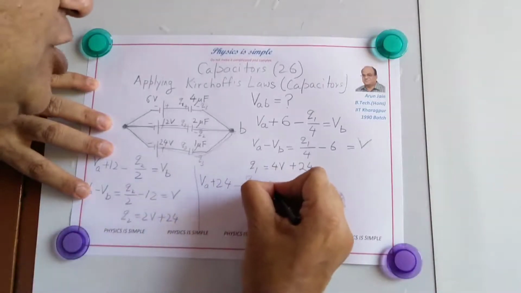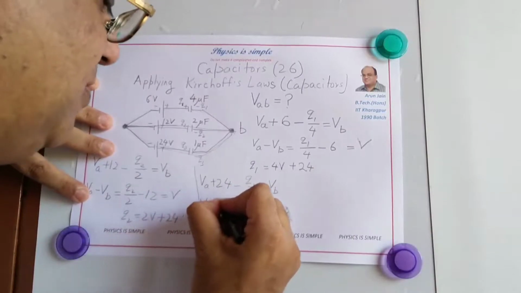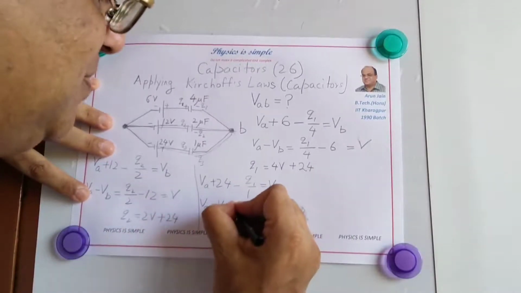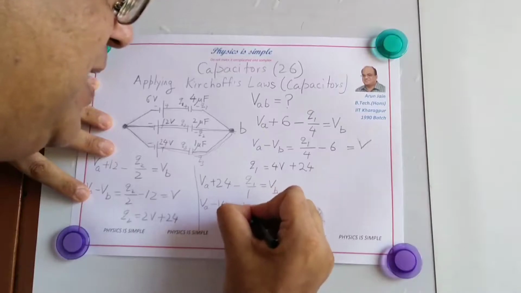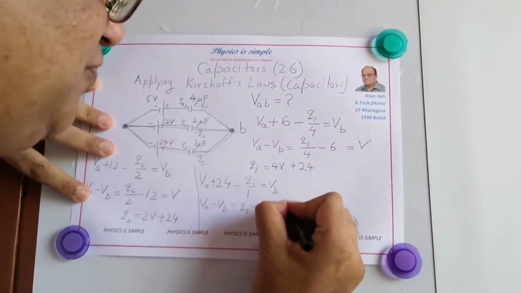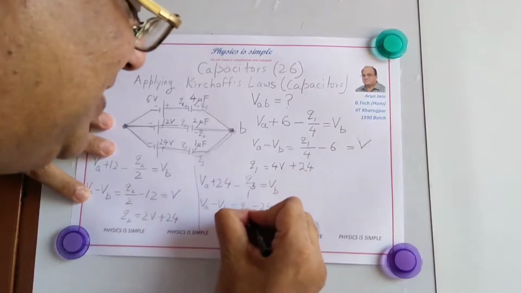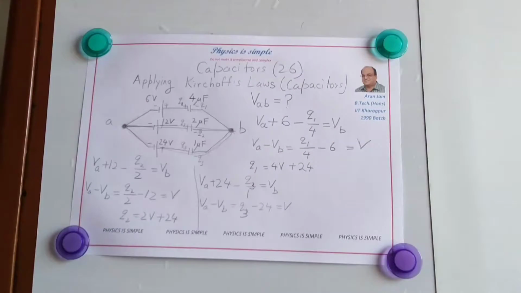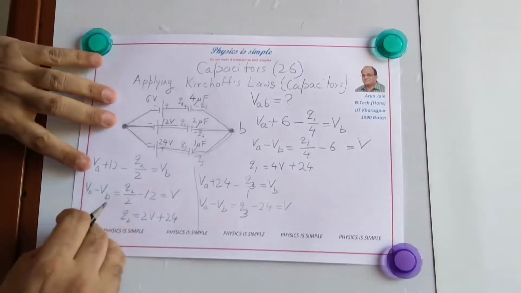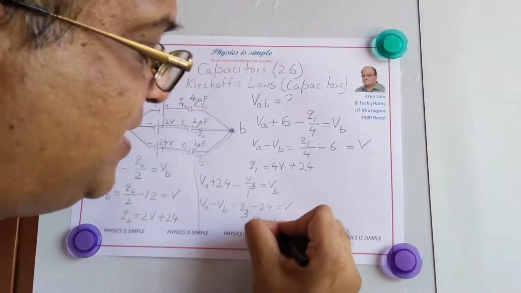And then we reach point B. So therefore VA minus VB, which we are calling V, becomes Q3 minus 24 equal to V. This is not Q1, this is Q3 rather. So therefore Q3 becomes V plus 24.